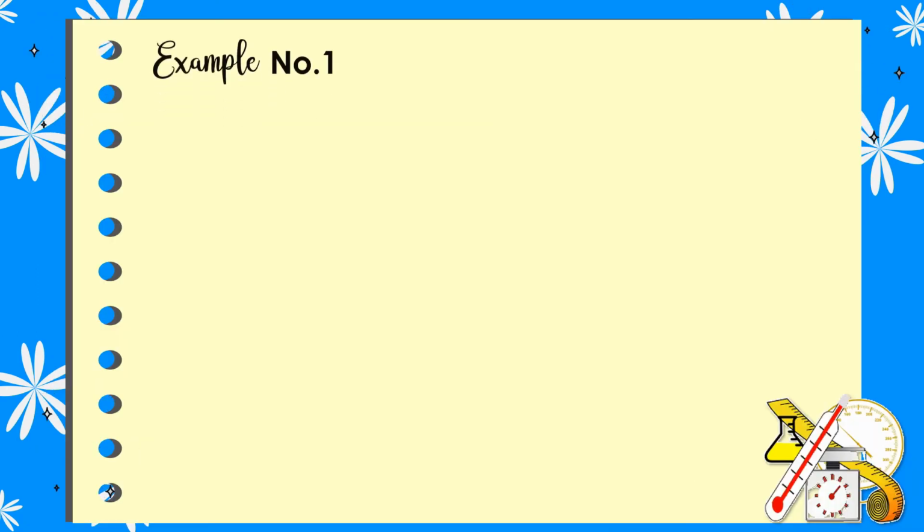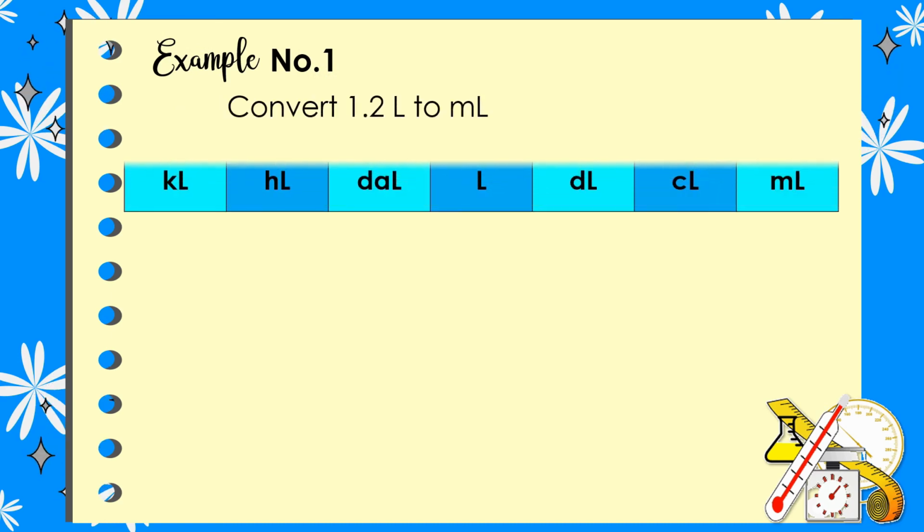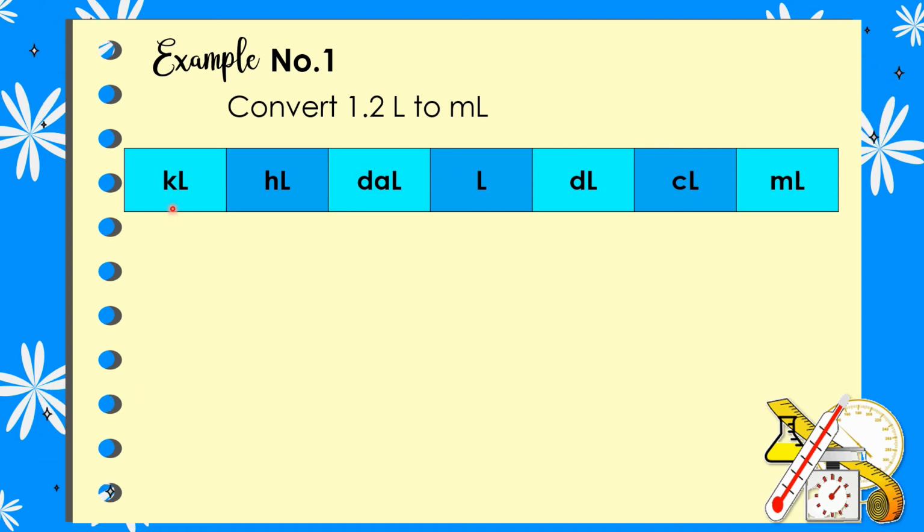Let us convert 1.2 liter to milliliter. So, ang ating metric converter ay papadalan natin ng base unit which is liter. So, naging kiloliter, hectoliter, decaliter, liter, deciliter, centiliter, and milliliter. I-convert natin si 1.2 liter to milliliter. Aalamin natin yung distance nila sa isa't isa kagaya ng pag-convert natin sa mass at sa length.